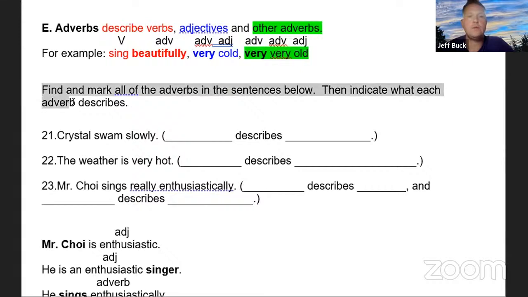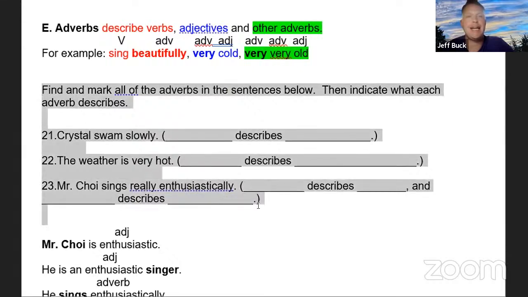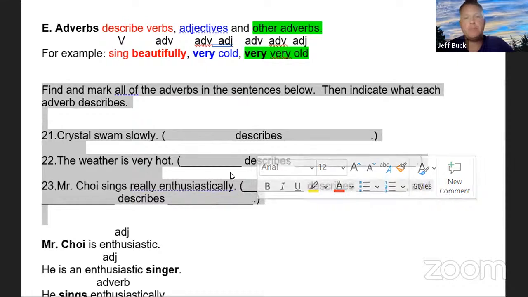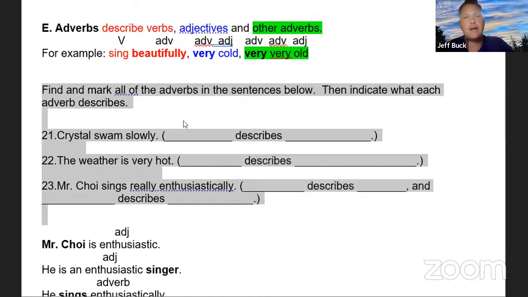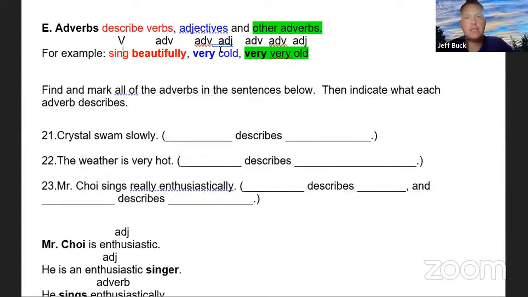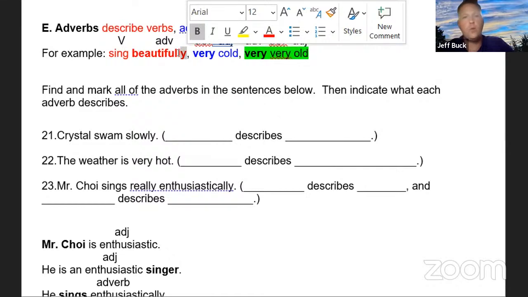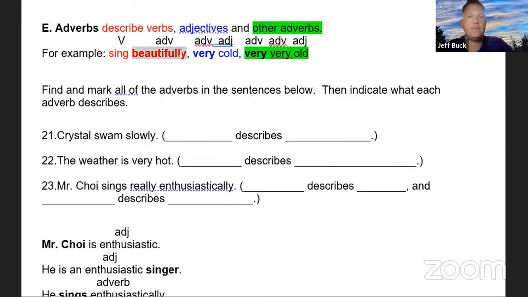So now you need to mark the adverbs in the sentences below and indicate what they describe. So beautifully describes sing, very describes cold, very describes very, very describes old. And notice that if you use the normal form of the typical adverb, which ends in -ly, it goes after the verb normally.